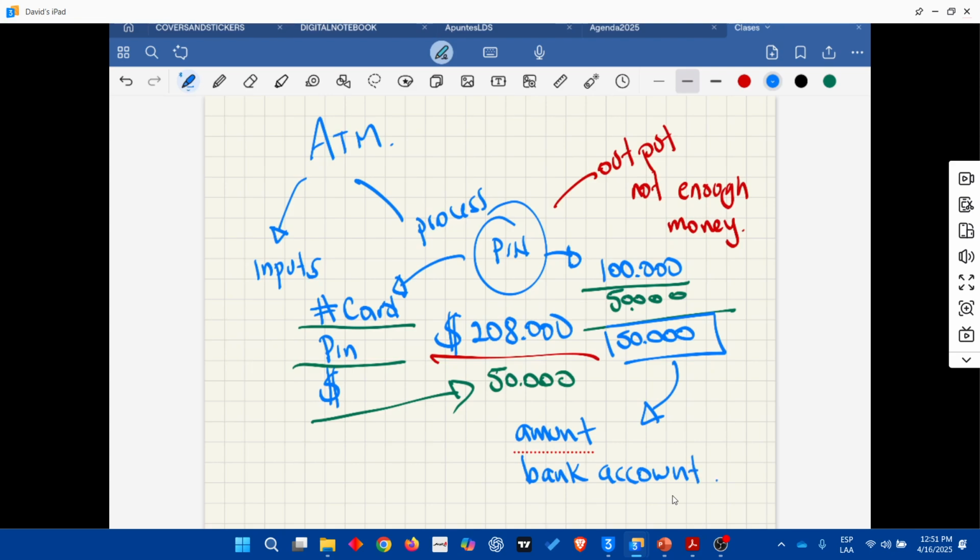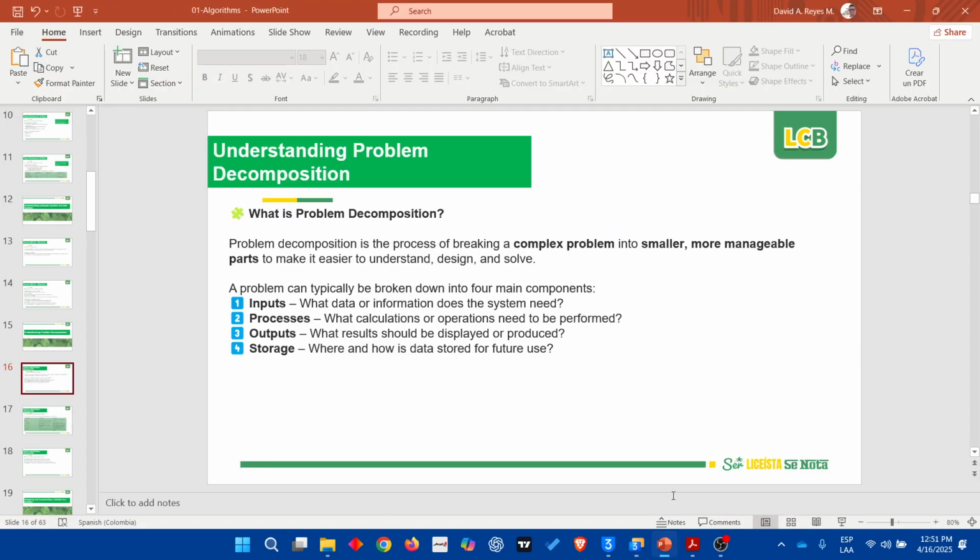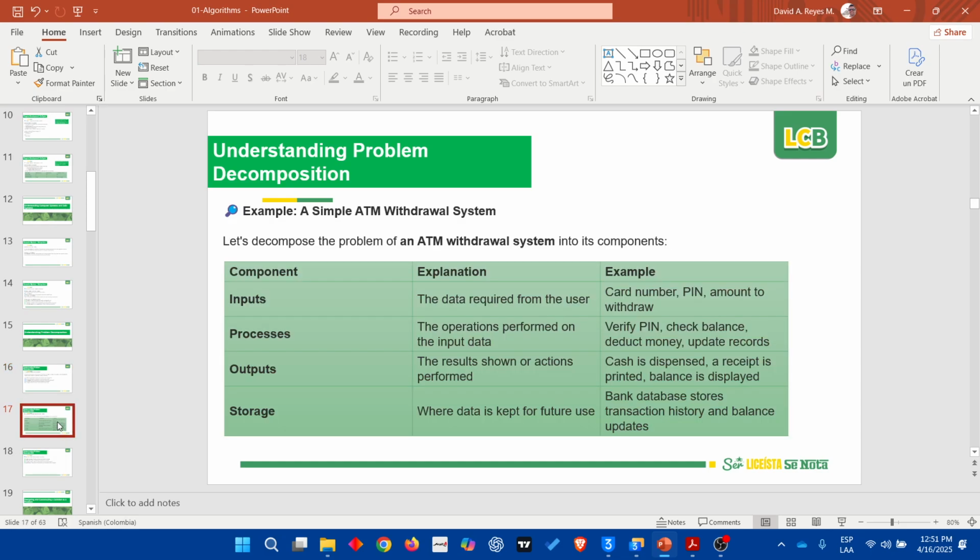So that means that this information is going to be updated and stored for future transactions. Okay, so I hope you are understanding this. Okay, next one here. This is another explanation, but I already explained.